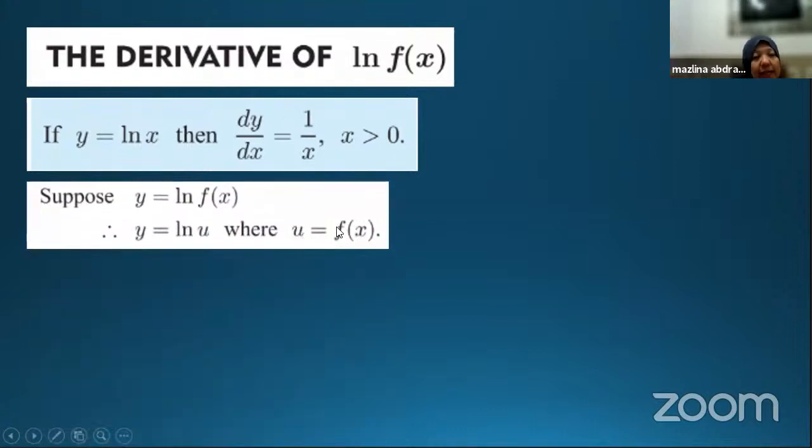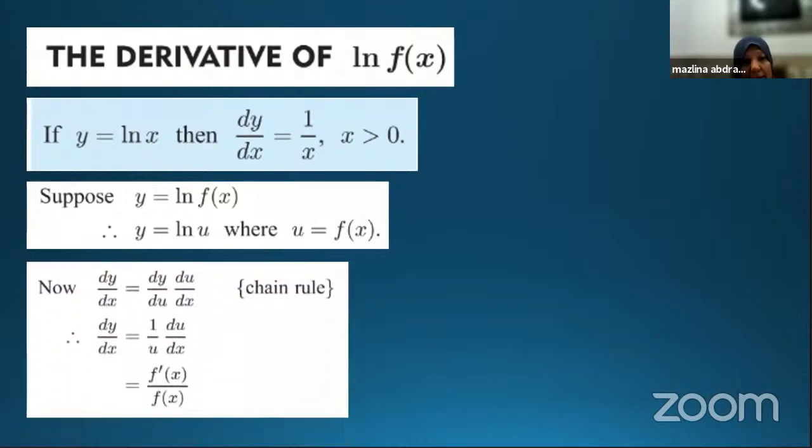Okay, so suppose that y is equal to ln f(x), where f(x) is a function. So we let y equal ln u, where we denote u is equal to the function, u is equal to f(x).